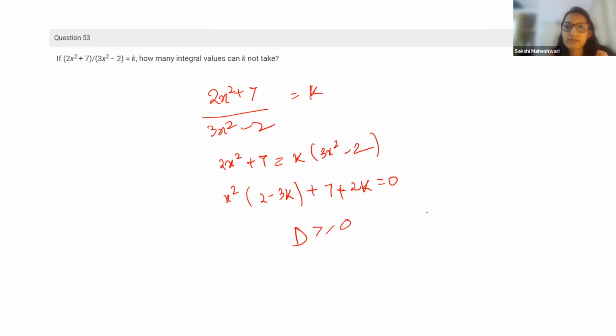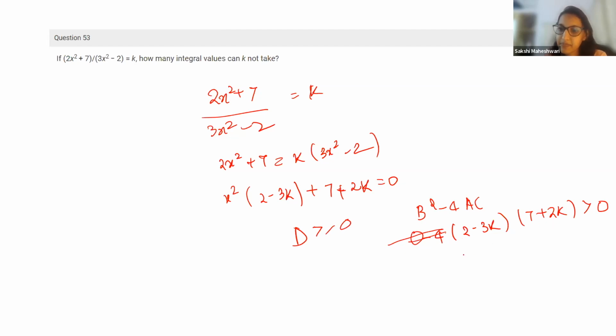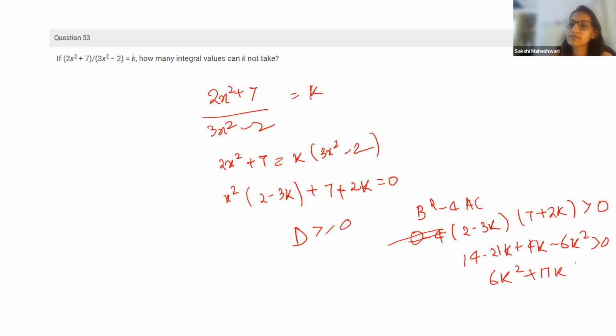That will give you 14 minus 21k plus 4k minus 6k square. Or you can also write it as 6k square plus 17k minus 14 greater than or equal to 0. Are you clear with this?